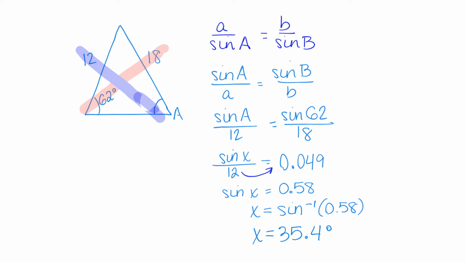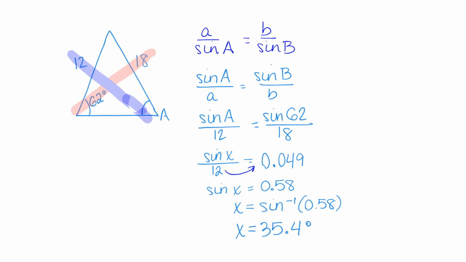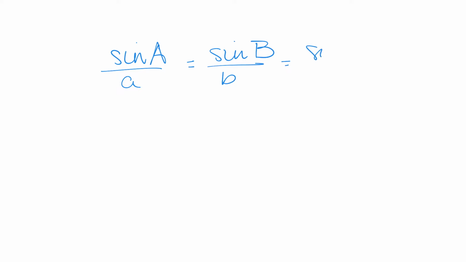As a quick recap, when you're doing sine law, you have to have 2 of the 3 ratios. So you need sine A over a, sine B over b, or sine C over c. You must have a full pair and then another half a pair.